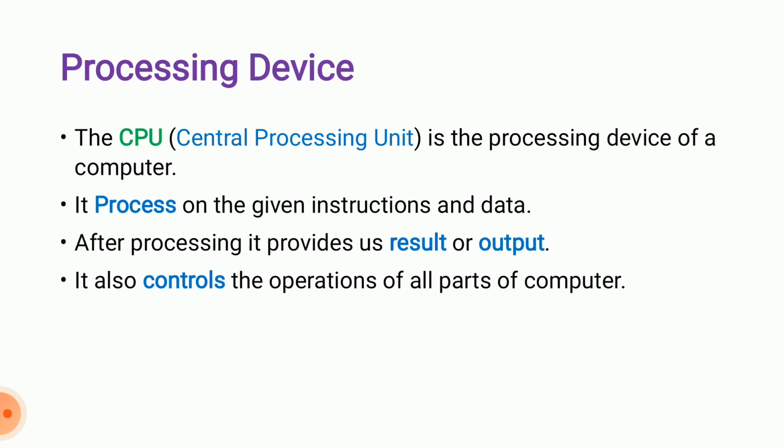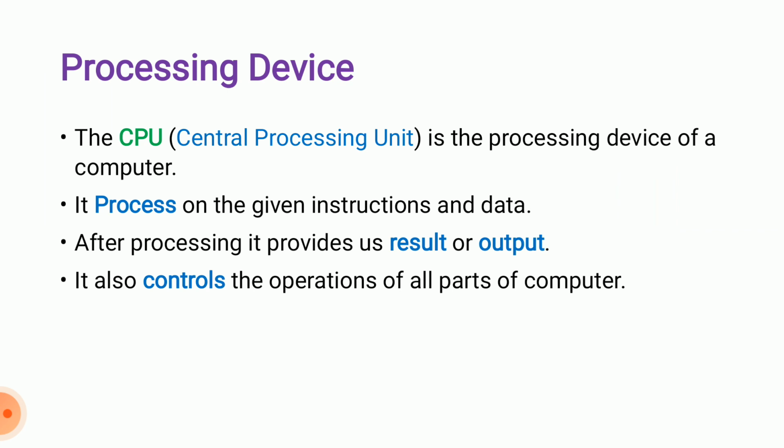Processing device. The CPU, that is the central processing unit, is the processing device of the computer. It processes the given instructions and data. After processing, it provides us the result or output. It also controls the operations of all parts of the computer.